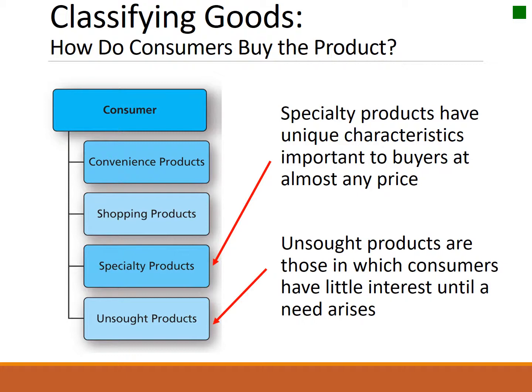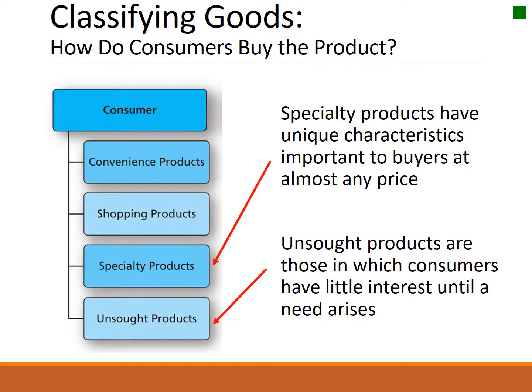The last category that we'll just mention here are unsought products. Unsought products are products that are the least common, and they're ones that customers generally don't realize they need until they need it, or they know they need it, but they need to be heavily persuaded in order to purchase them.